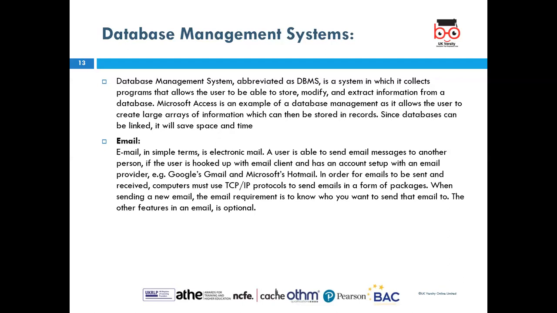Then we have Microsoft Outlook, which gives us an emailing system. And as we all know, emailing is just a simple way to communicate with other people. So it is considered a formal way of messaging.